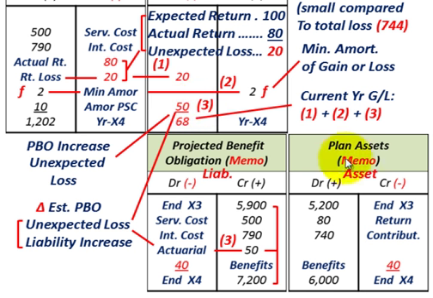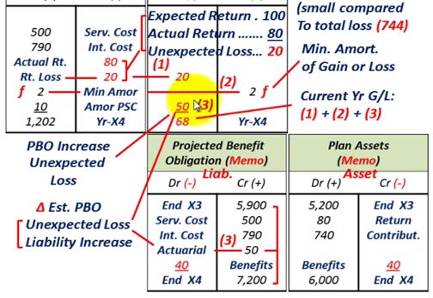Now, you notice I wasn't working with our plan assets here. I just got the numbers thrown in. But I'm just showing here that in this case, the increase in our projected benefit obligation was an unexpected loss. So we debit and reduce our other comprehensive income by that amount.